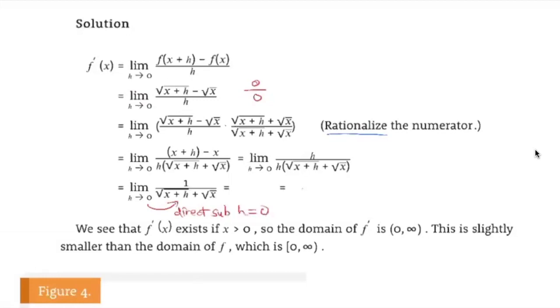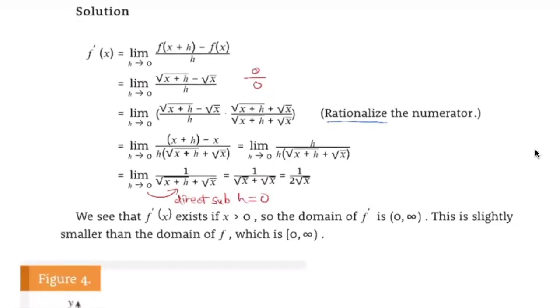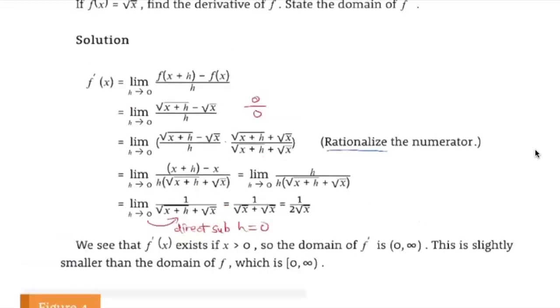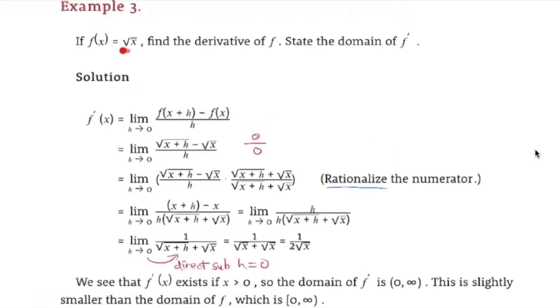We're going to get 1 over square root of x plus square root of x, which is the same as 1 over 2 square root of x. Now we see that this is f prime of x. It's a new function derived from this old function f.